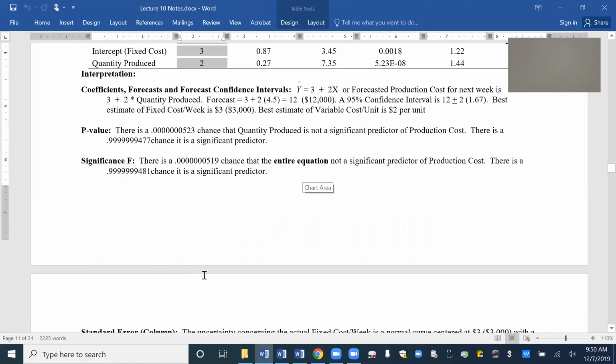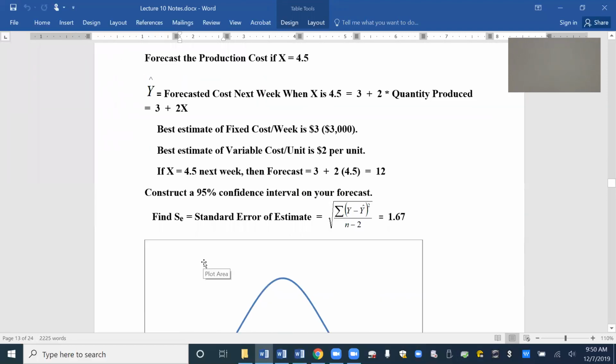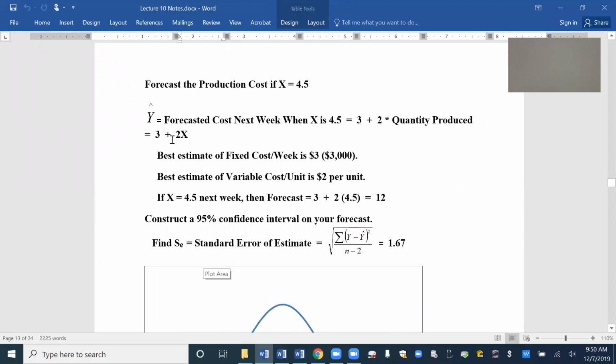Right, and then that allows us to make our forecast. So we take this and we make our forecast. My forecast of production cost when we're producing 4,500 units is, plug in 3 plus 2 times 4.5.